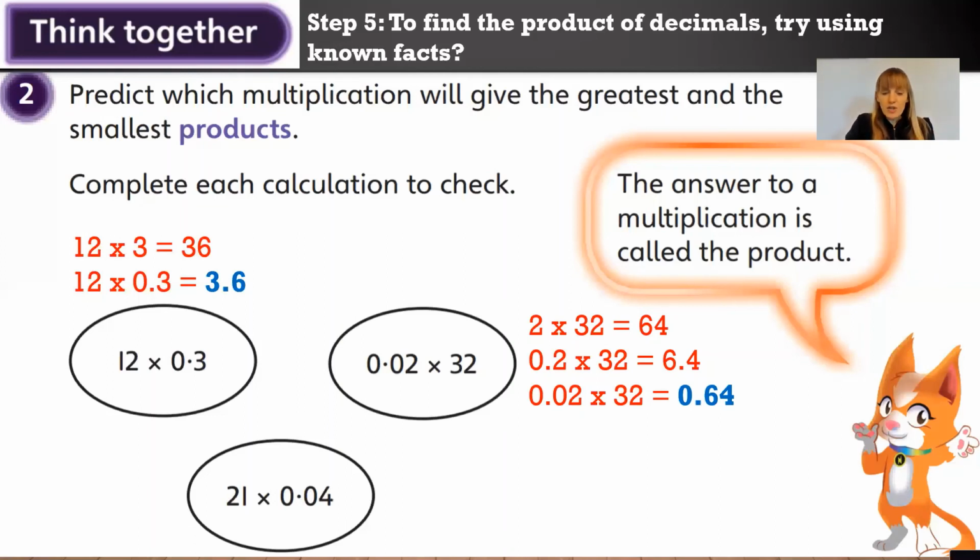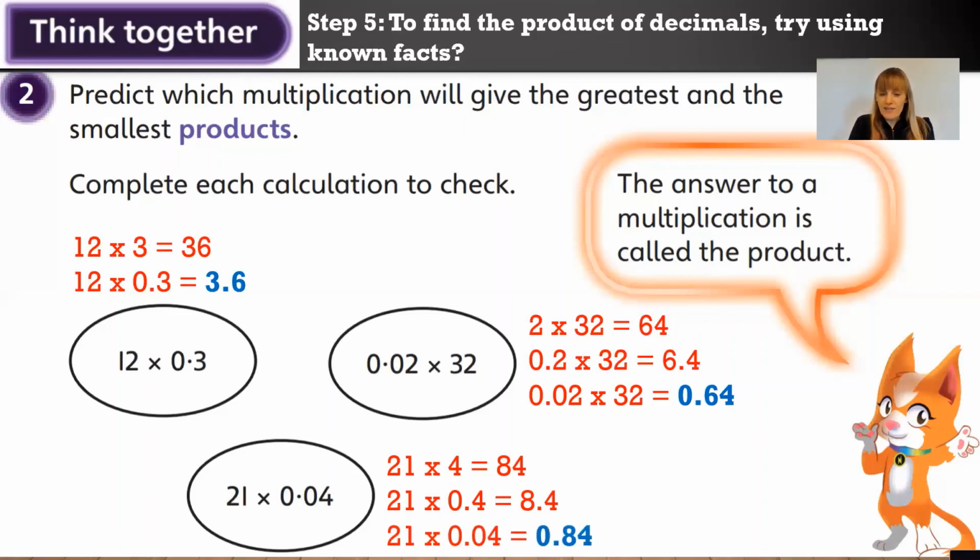Okay, so let's have a look at 21 times 0.04. And known fact, 21 times 4 was 84. Now, again, like the previous one, if it was times 0.4, that would change to 8.4. But because we're timesing by 0.04, our final answer is 0.84. Now, which is the smallest product here? The smallest answer?